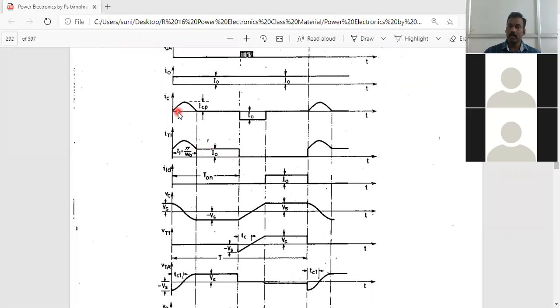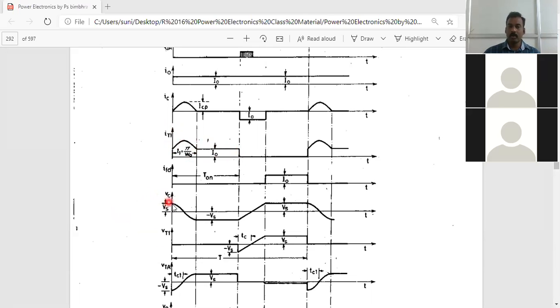To this I naught, the capacitor discharge current is added for a time span from this point to this point, until the capacitor charges in the reverse direction. The capacitor discharge current is added to the load current, so this current is moving through the device IT1, that is thyristor 1.